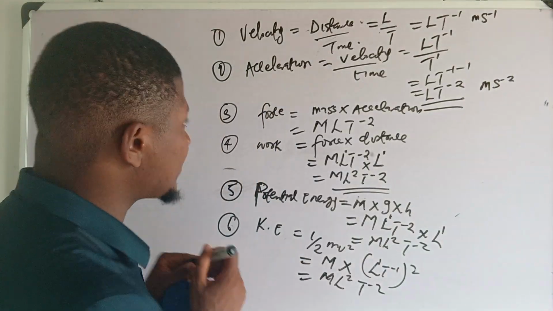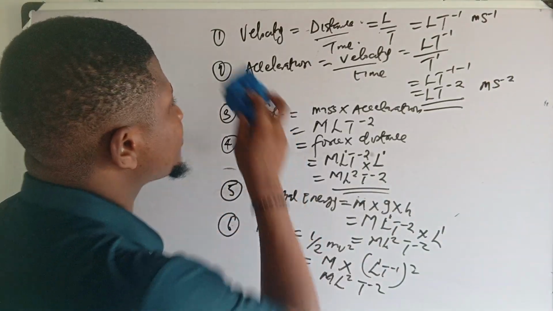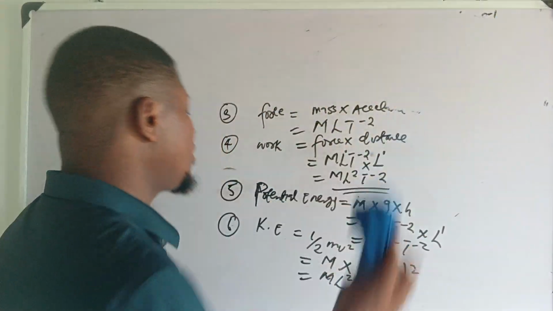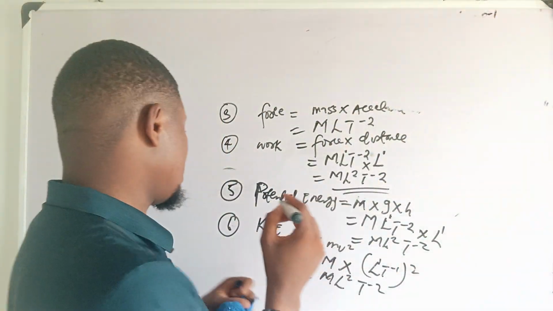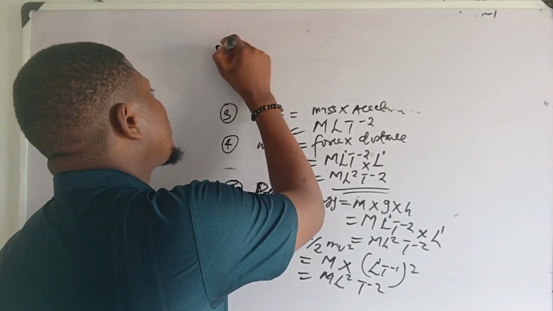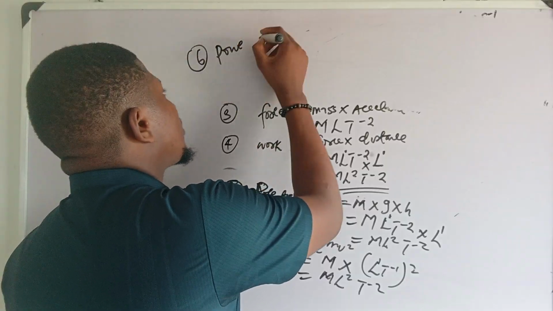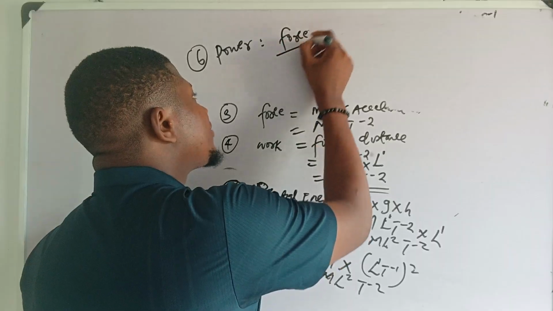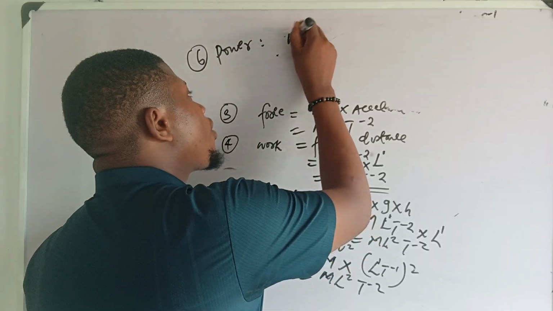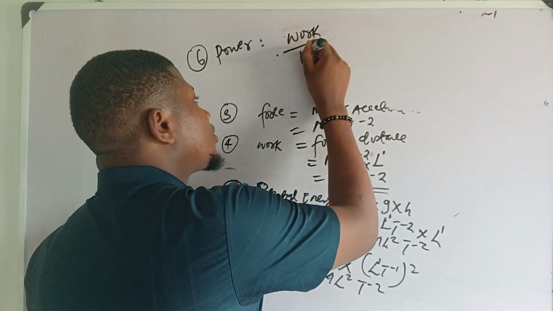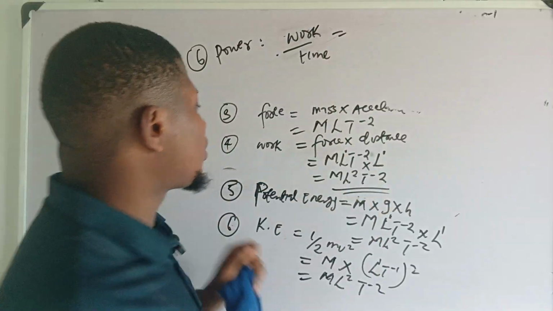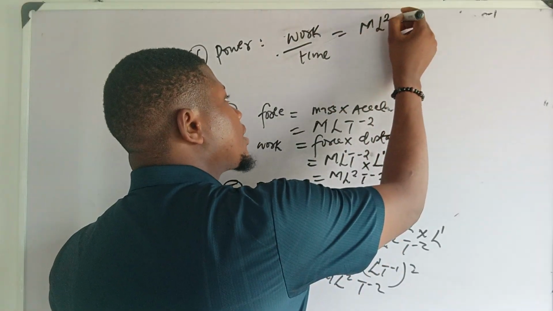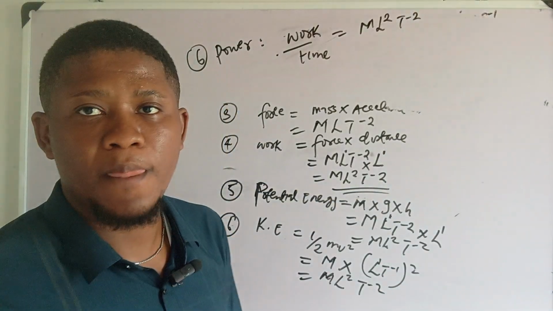Then number 6. Okay, let me clean up. Number 6, let's look at power. Power is equal to work over time. And what is work? ML squared T minus 2.